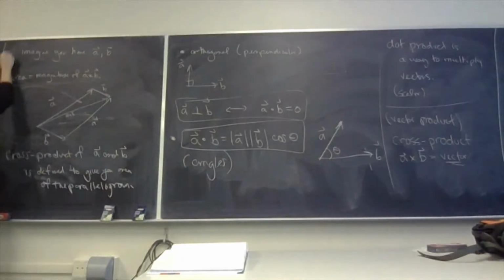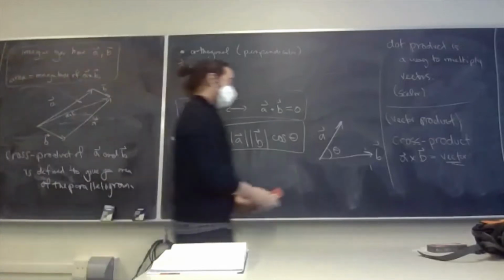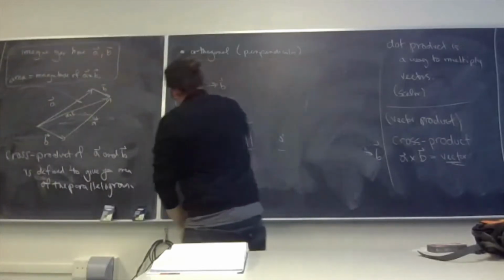This is the big geometric feature of the cross product, why it exists. The cross product exists to tell us about this parallelogram. It has a bonus feature, but that's why it exists. Okay, so now what is it?